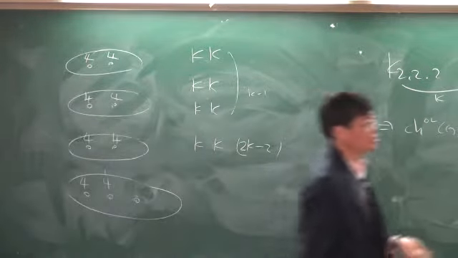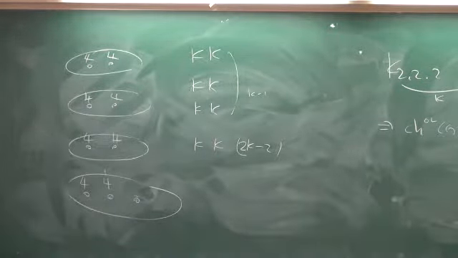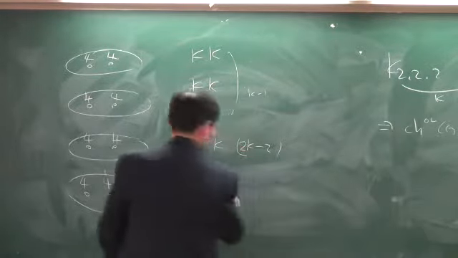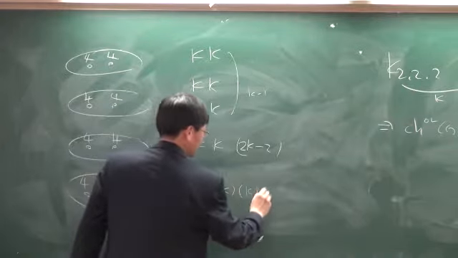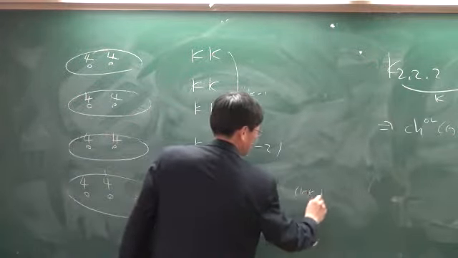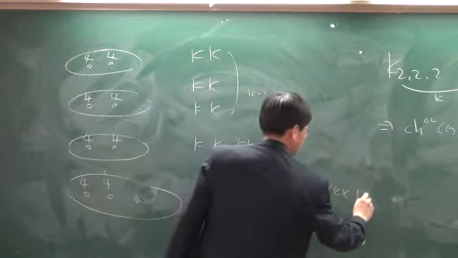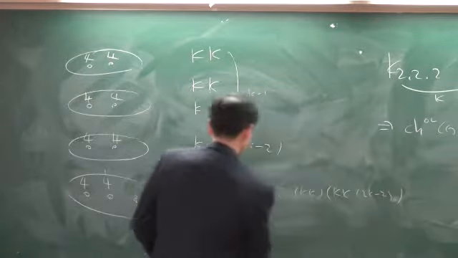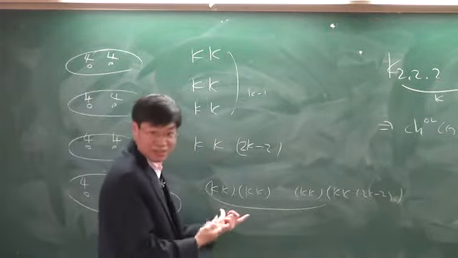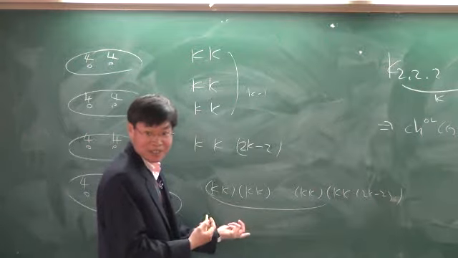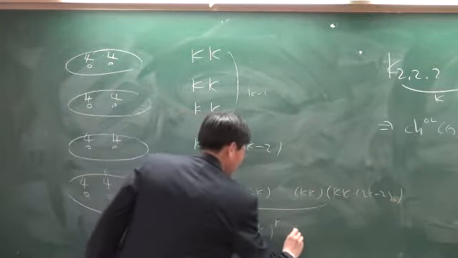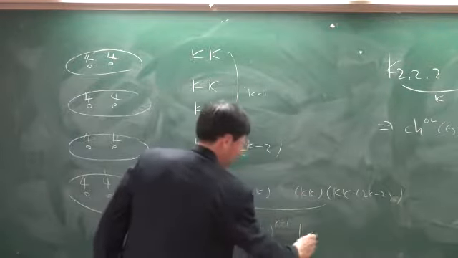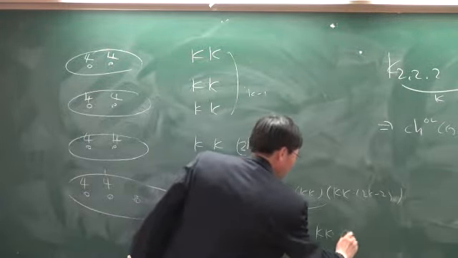And this one is the last set. Actually, that is just this one. But this appears k minus 1 times. So we just denote k minus 1 and then divide the cases.